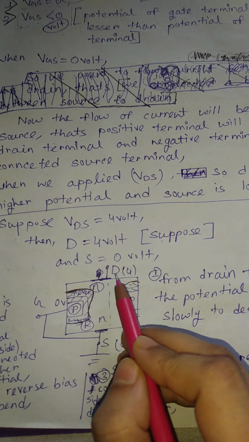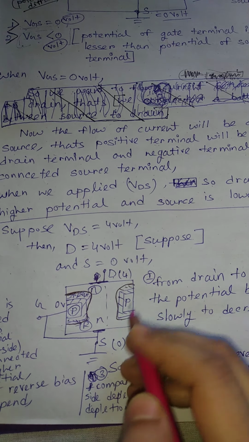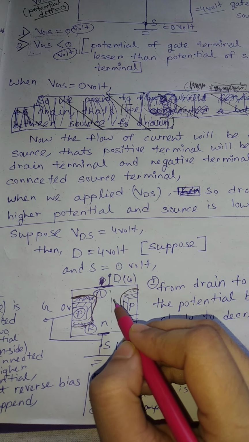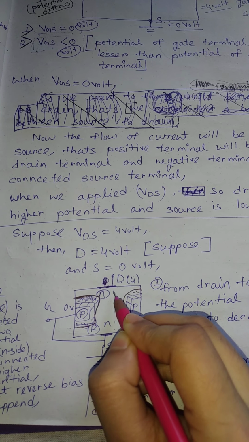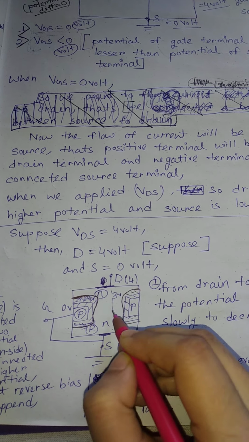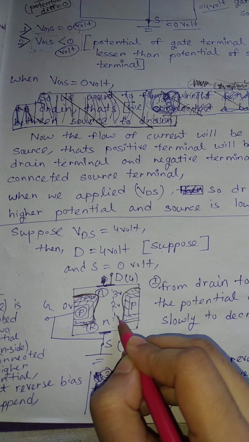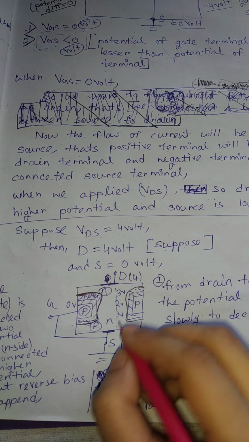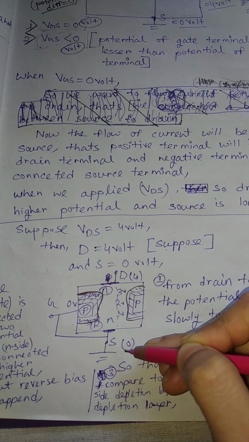Suppose the drain equals 4 and the source equals 0. Here, I can say that if this is 4, then this is 3 volt, this is 2 volt, this is 1 volt, then slowly it goes to 0. Gradually it's 0 volt.